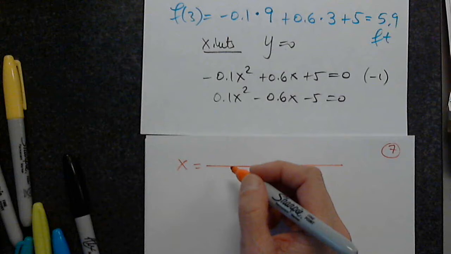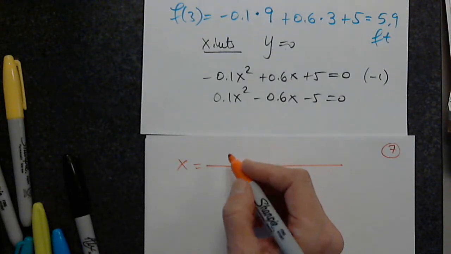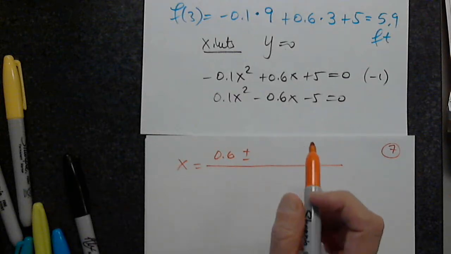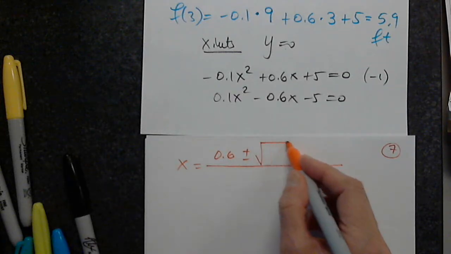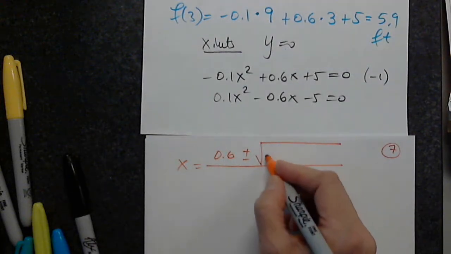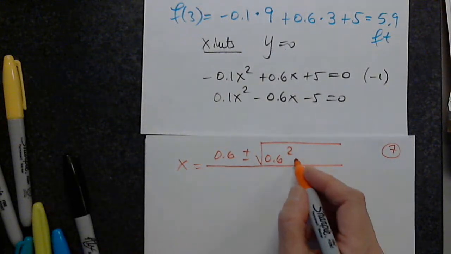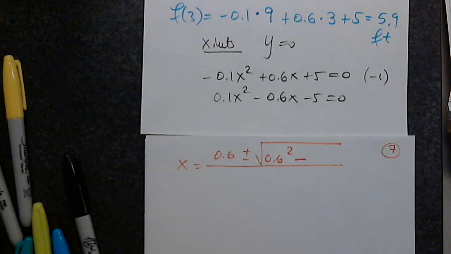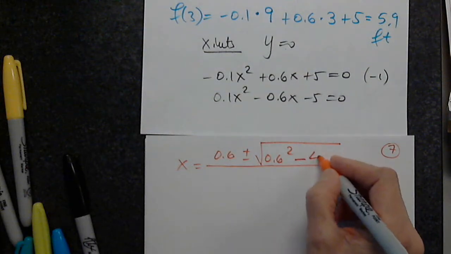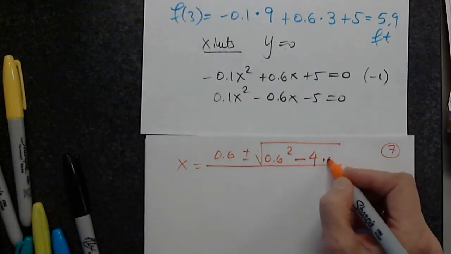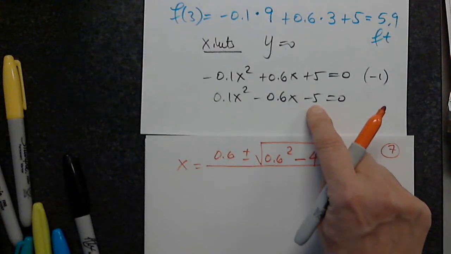Negative b, 0.6. Negative b, 0.6, plus or minus the square root of 0.6 squared minus, say it again, minus 4 times a, which is 0.1, times negative 5.